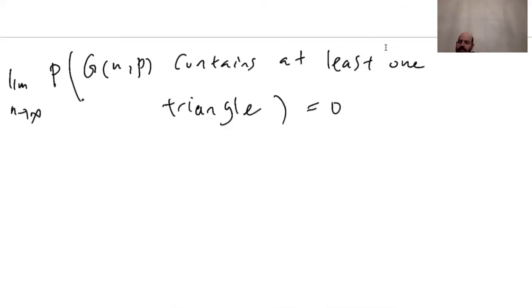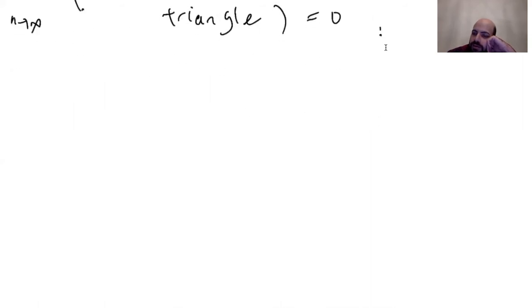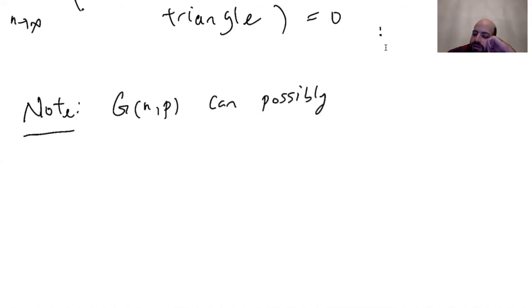Now, first of all, I want to ask how many possible triangles can we have in G of n and p? So let's start with that. Note that G of n and p can possibly contain n choose 3 triangles.